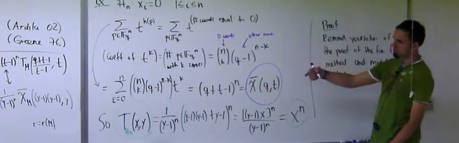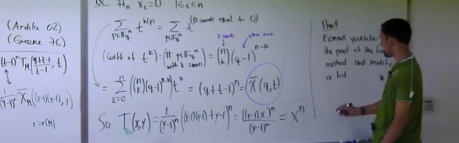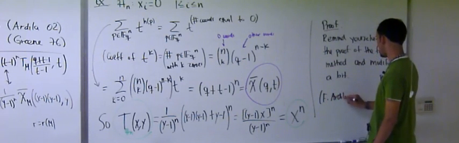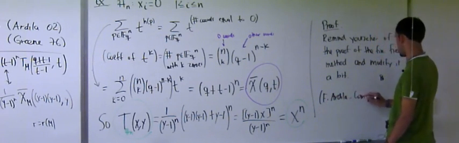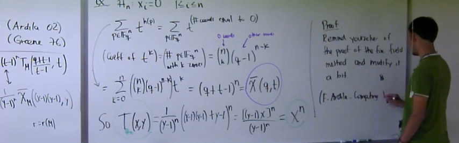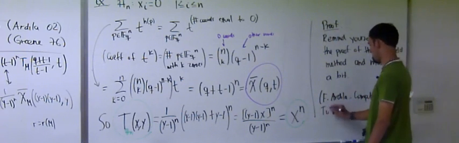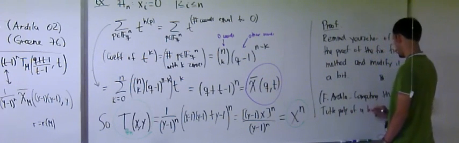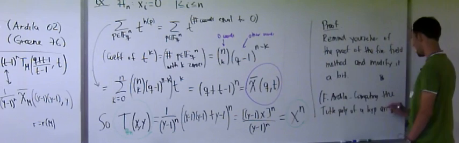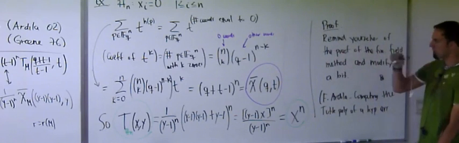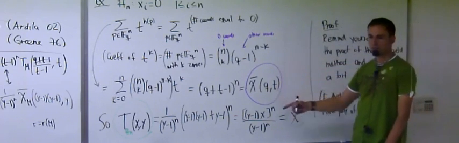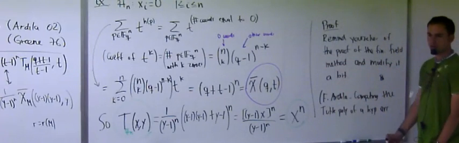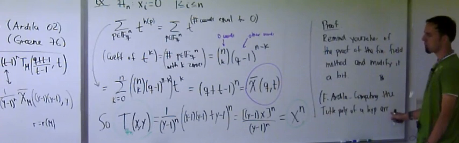If you want to see, the other place to look is my paper called Computing the Tutte Polynomial of a Hyperplane Arrangement. That's where this theorem is proved, and that's where it's put into practice. So this is a good place to see how you actually use this method to compute arrangements.